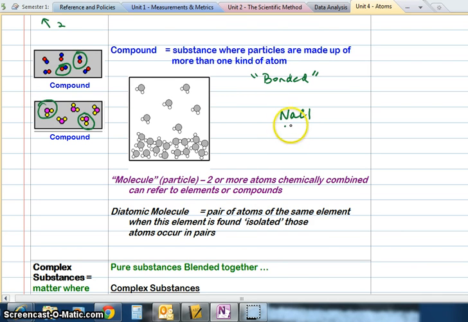One sodium for one chlorine. A molecule would be like hydrogen gas, which is H2. All right, so those are your compounds, two or more kinds of atoms stuck together.